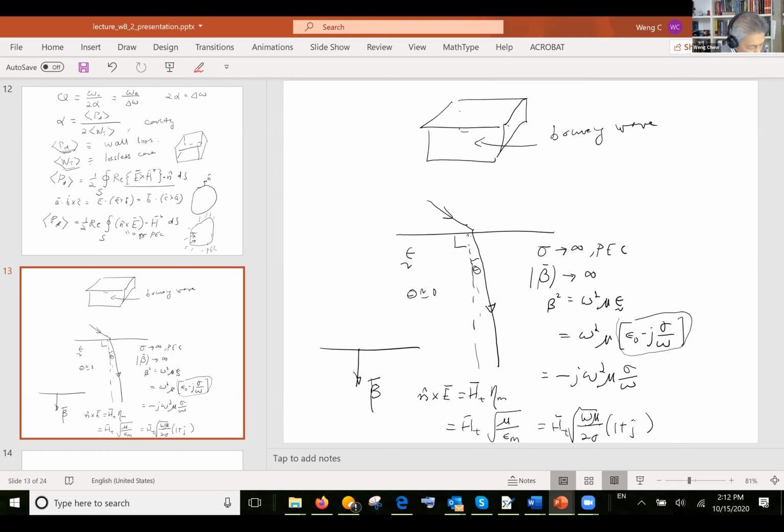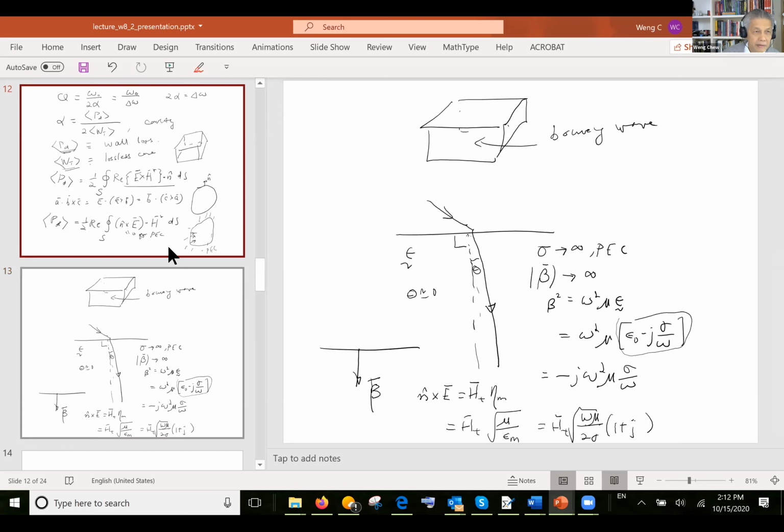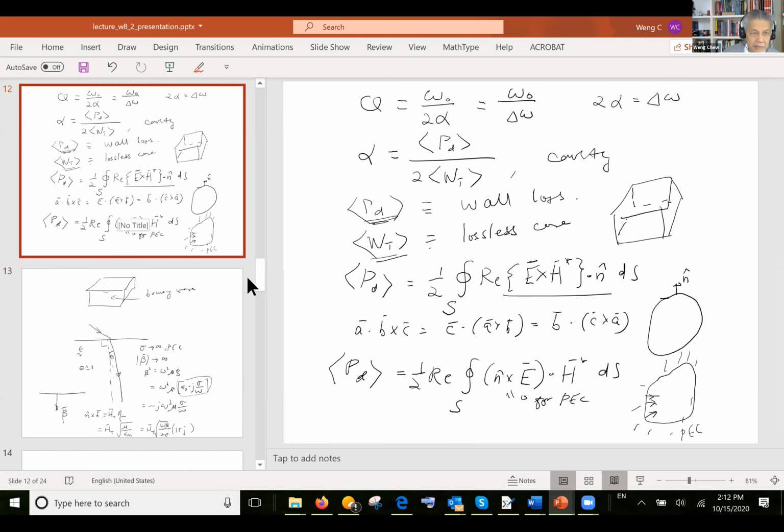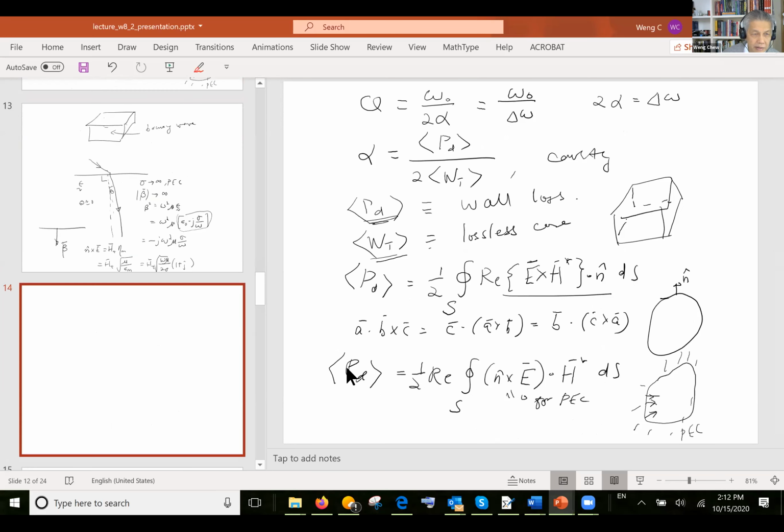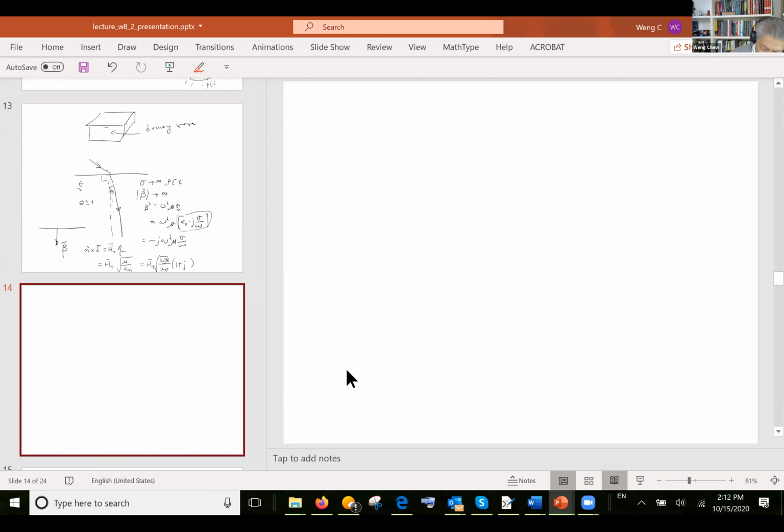Using this approximation, you can plug into this expression and derive an integral that would be equal to P_D, with the approximation of a PEC wall.